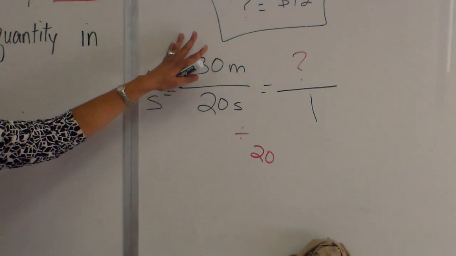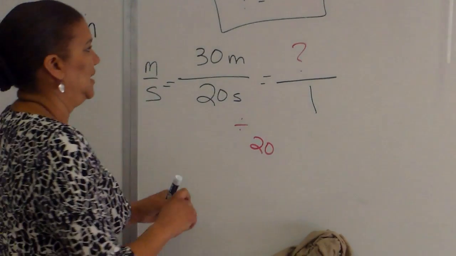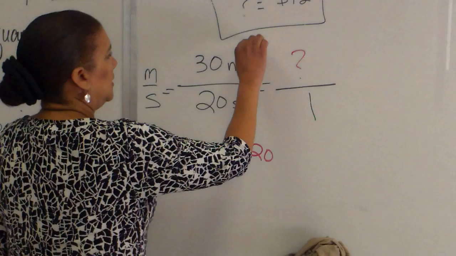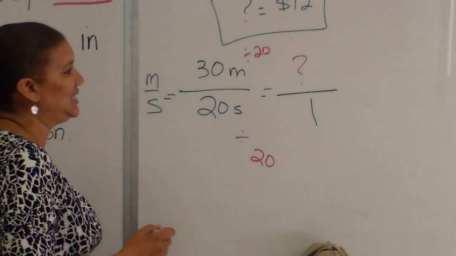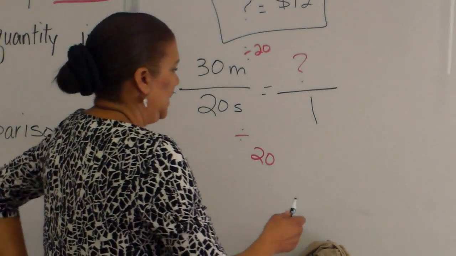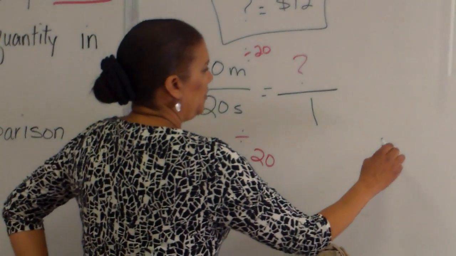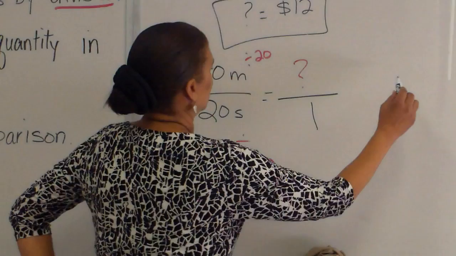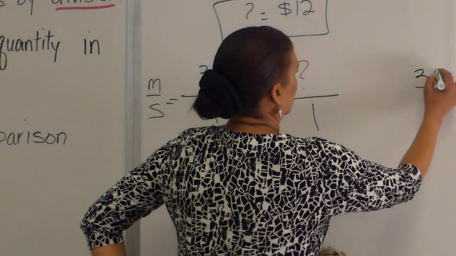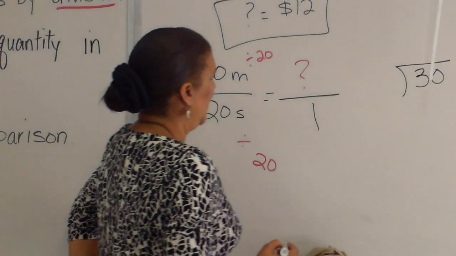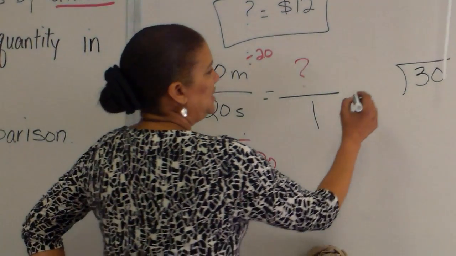So now 30 divided by 20 equals what? Well, we might need to do some long division here. 30 divided by 20.